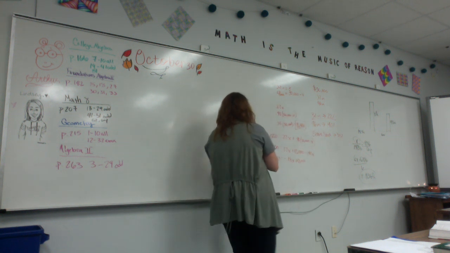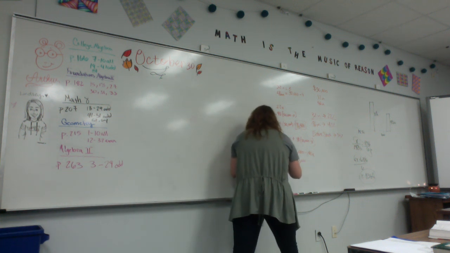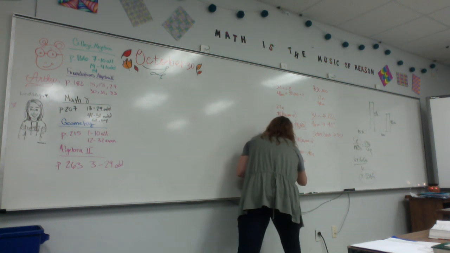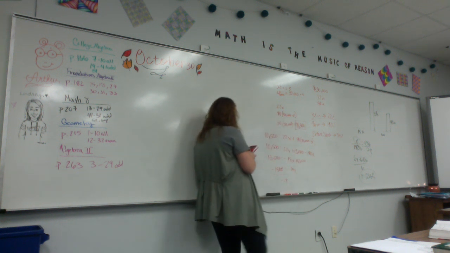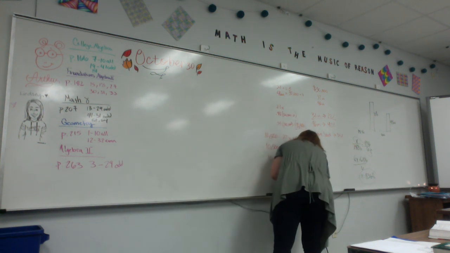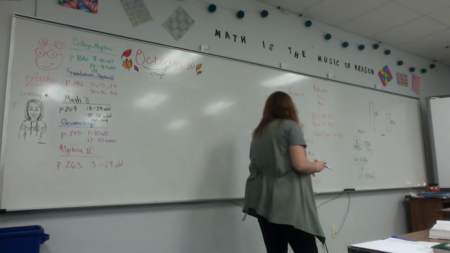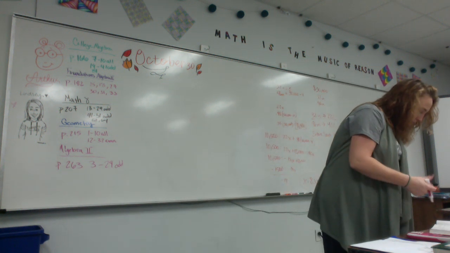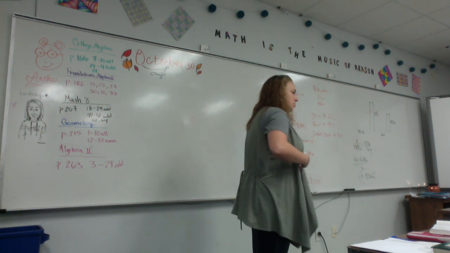Subtract 12,000 from both sides. Negative 1,500 equals negative 0.18x. Divide by negative 0.18. And x would be $8,333.33. So $8,333 is the amount invested in the 32-inch sets.